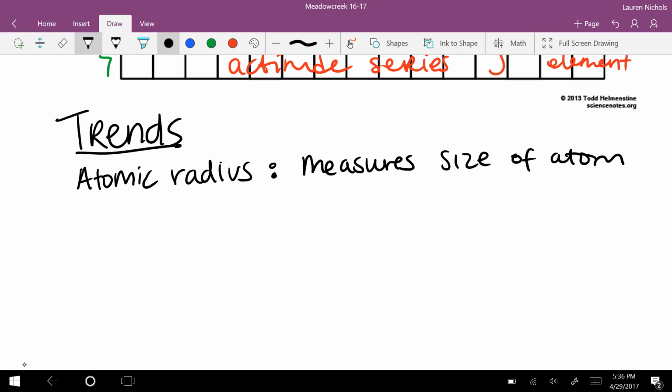Now as you move down the periodic table, let's say we have our nucleus in the center, and I start off at hydrogen. It has 1 energy level with 1 electron. But if I move down to lithium, lithium has 2 energy levels, and its outer electron only has 1, same as hydrogen.